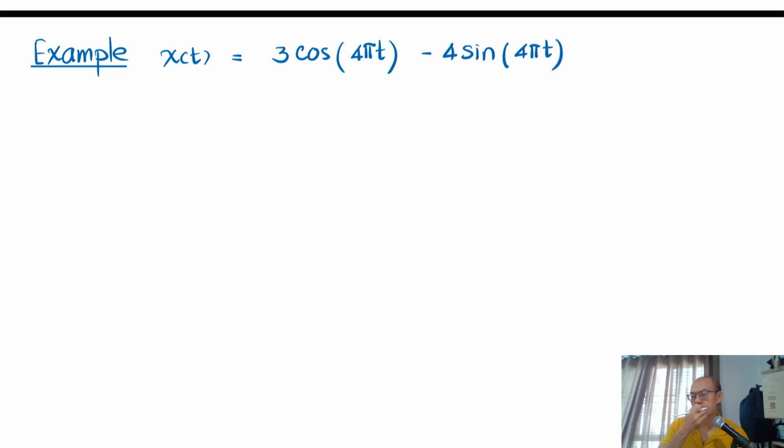Now we want to plot this graph. Okay, we want to plot. The question is plot x of t.